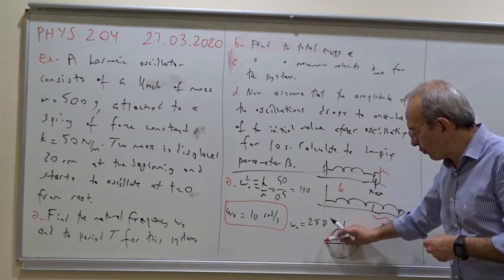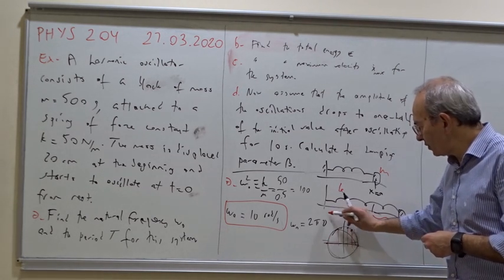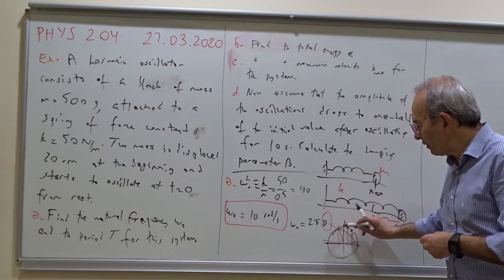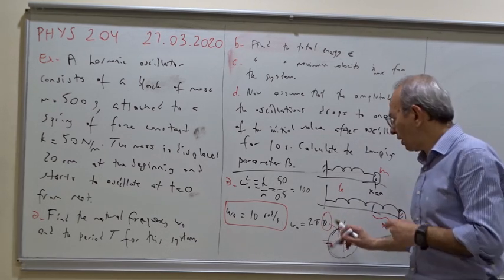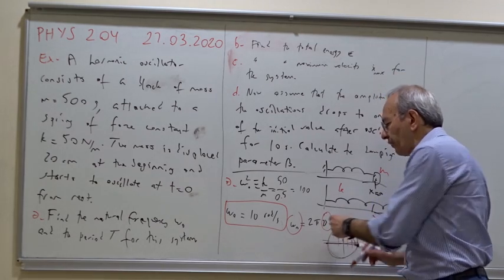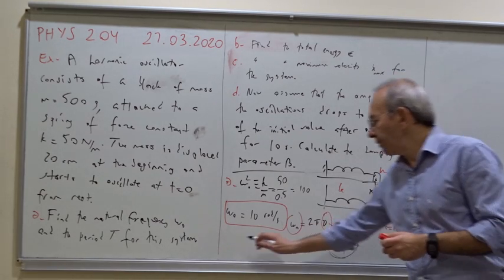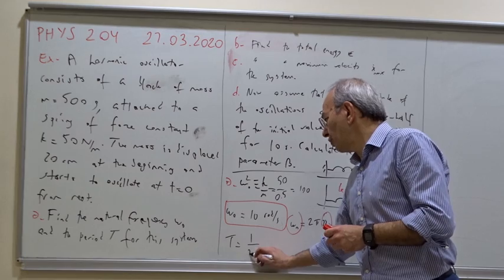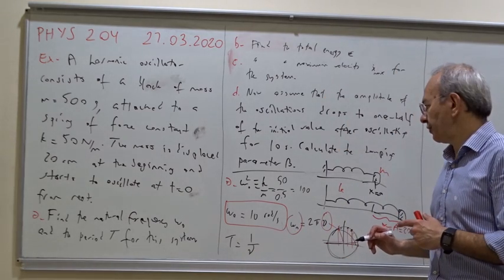It goes back and forth. This going back and forth is represented by nu. However, the angular terms are represented by omega 0. The factor between them is 2 pi. And period T is 1 over nu, the linear frequency.